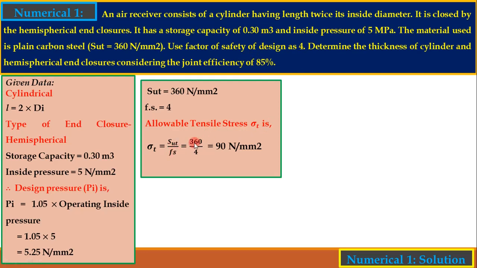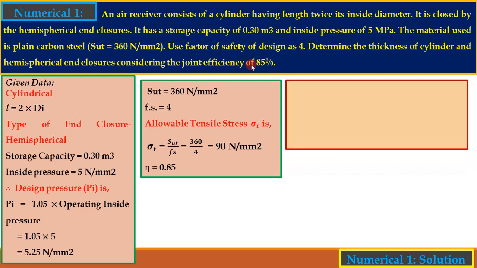SUT value is 360 and Fs is 4. So the allowable tensile stress sigma T is 90 Newton per mm square. Next, the efficiency of weld joint is given, so eta is 0.85. With this given data, we have to find out two parameters.